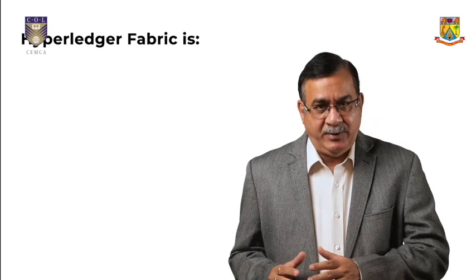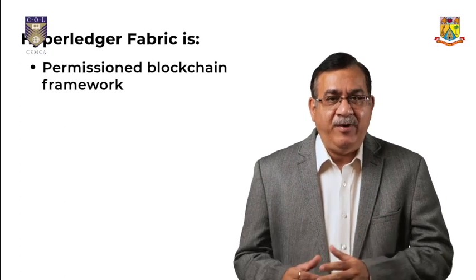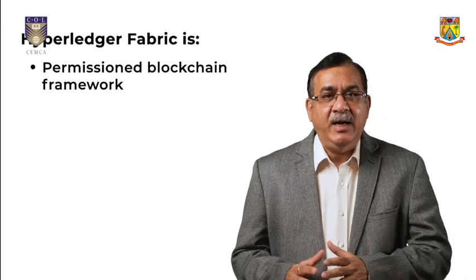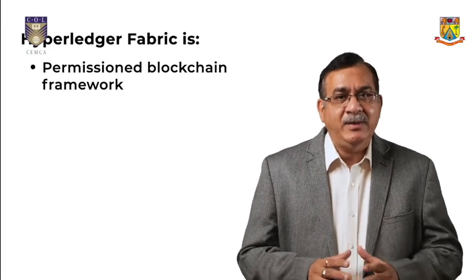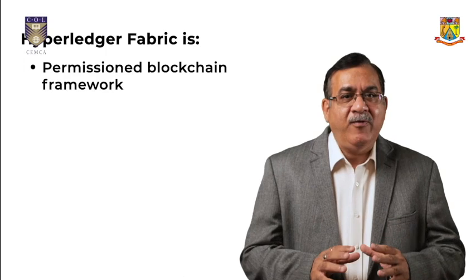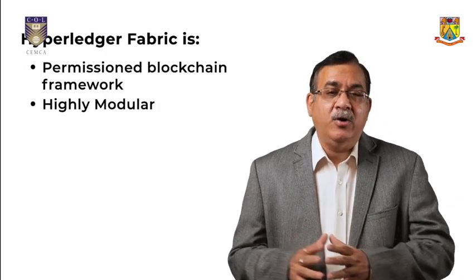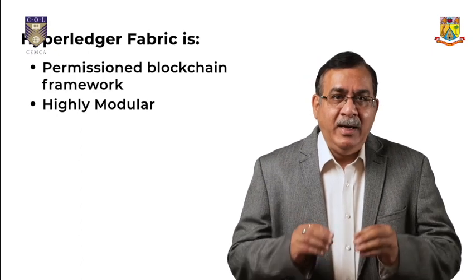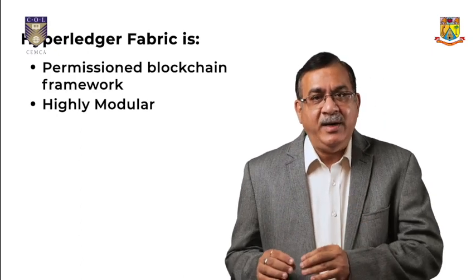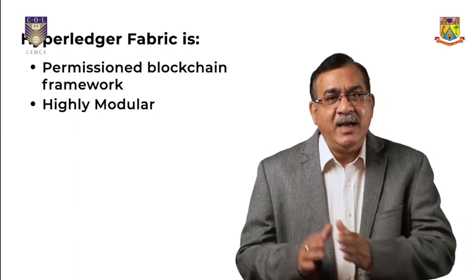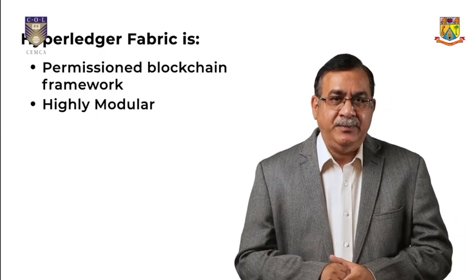Hyperledger Fabric is a permissioned blockchain framework, meaning it establishes decentralized trust in a network of known participants rather than an open network of anonymous participants. It is highly modular, meaning you can tailor the blockchain to industry needs with a pluggable architecture rather than a one-size-fits-all approach.